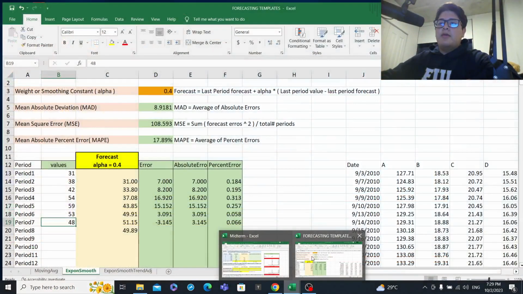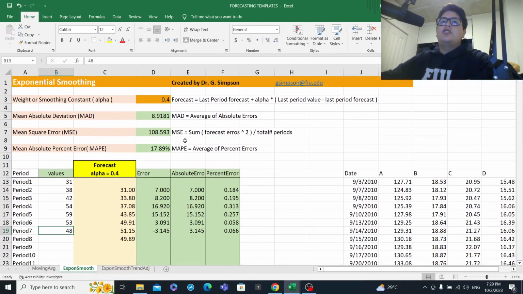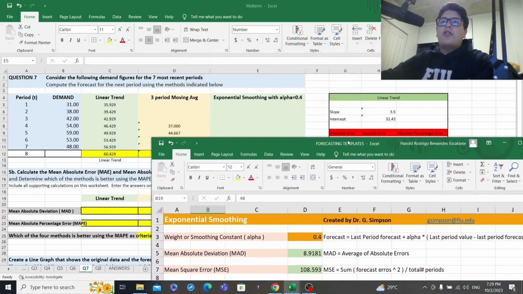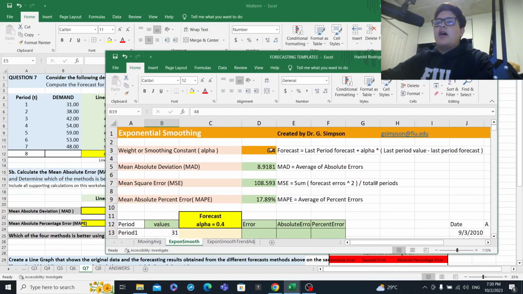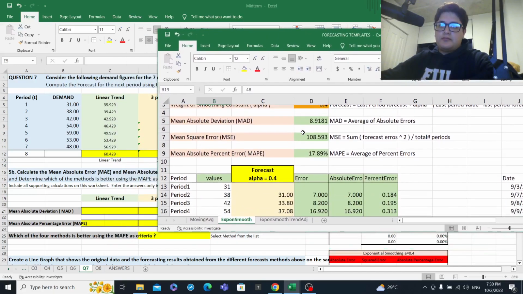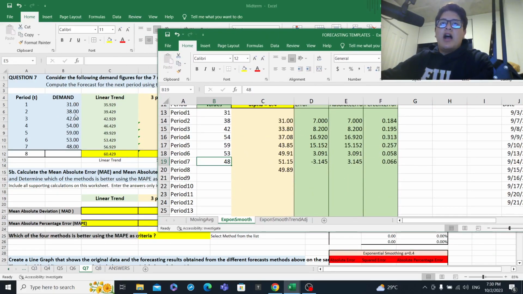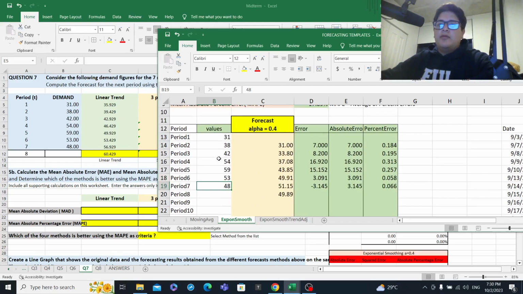And for the exponential smoothing, I'm going to use the templates that the professor provided us. There we have it here, the forecasting exponential smoothing. We have for our forecast 0.4 alpha, and that is what I'm putting right here. And the values, I just copy and put them here as well.